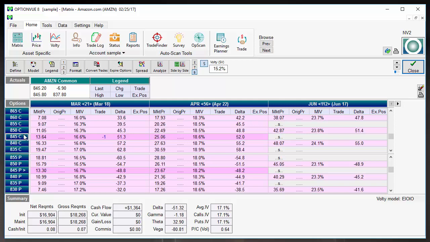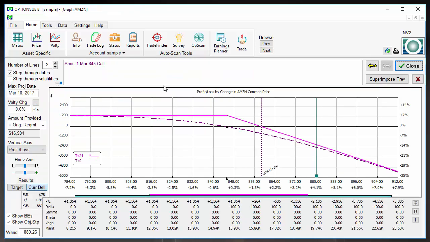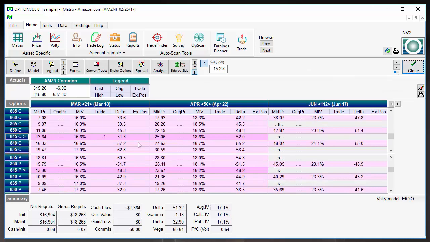So if it goes up, same example, let's say it goes up to 880 per share, well, now I have to deliver those shares to somebody for 845. I incur a loss because now my cost basis is 880 a share, but I'm only generating the proceeds of 845. Again, it's the reverse.